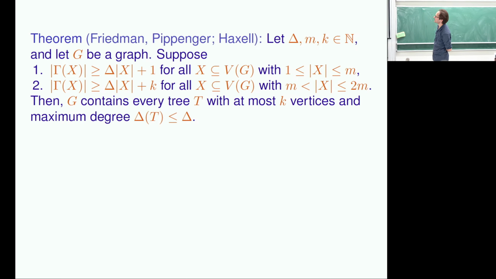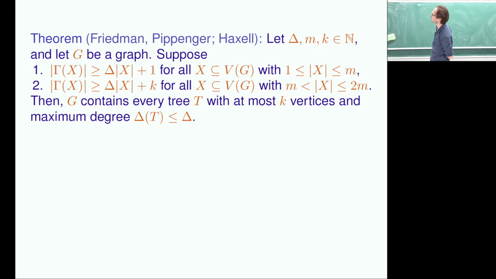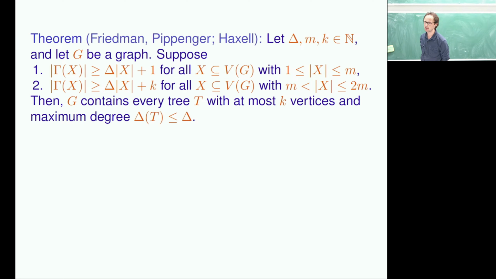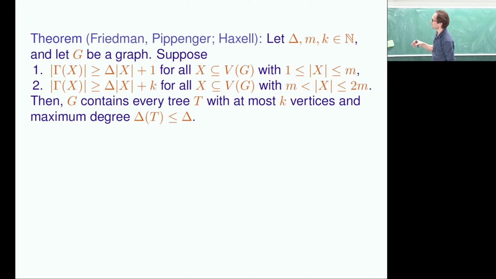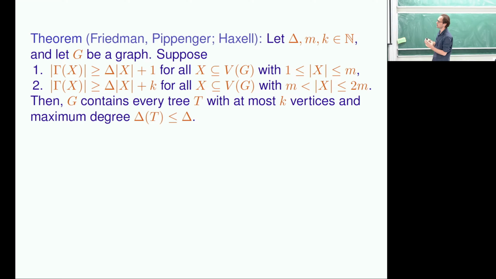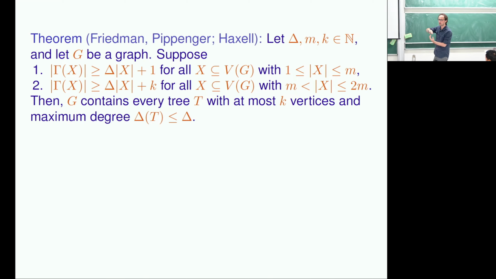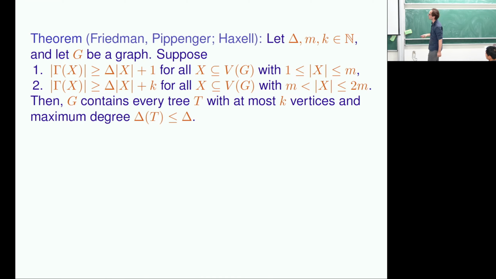Delta is the degree of the tree that we're trying to find. What we're going to do is try to find the tree T inside some given graph G. And G is a good expander. In order to apply the theorem, G needs to be a good expander in that small sets have to expand by factor delta, and large sets have to expand by factor delta plus the size of the tree that we're looking for.